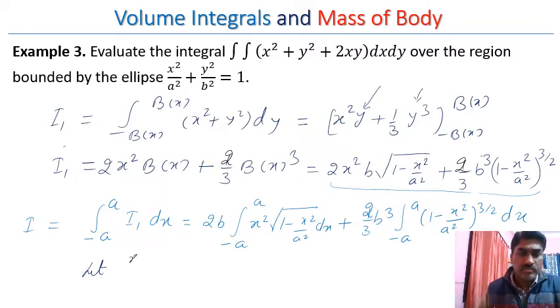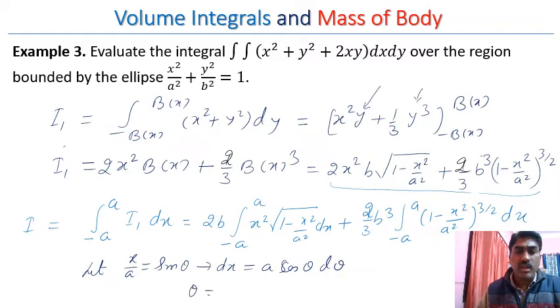So x by a is equal to sine theta, and this gives in turn dx equal to a cos theta d theta. And what are the limits? The limits of theta are minus pi by 2 to pi by 2. Because all the x's are in even power, these are even functions, so we can also take twice the integral, and the limit will become 0 to pi by 2.